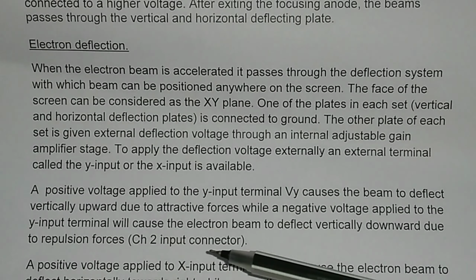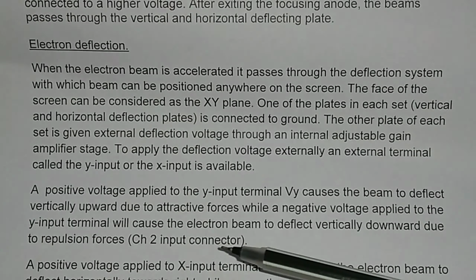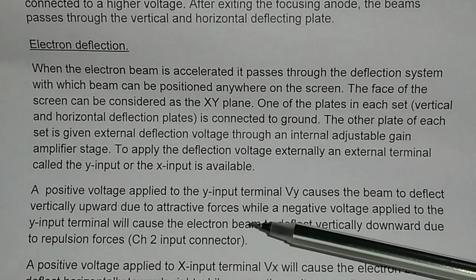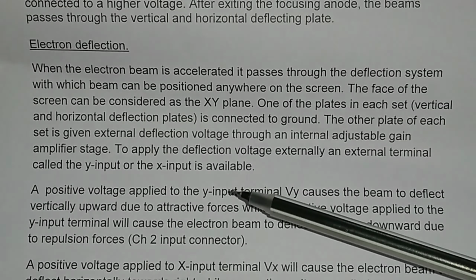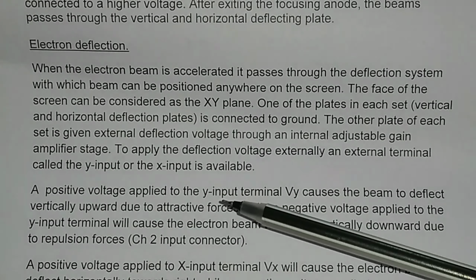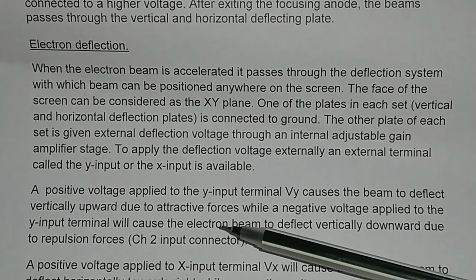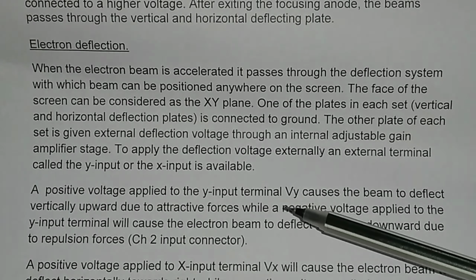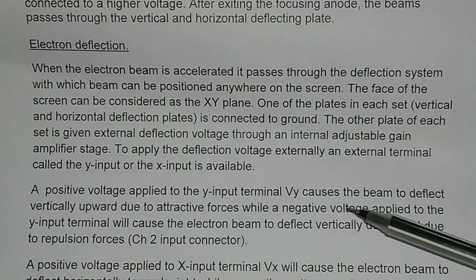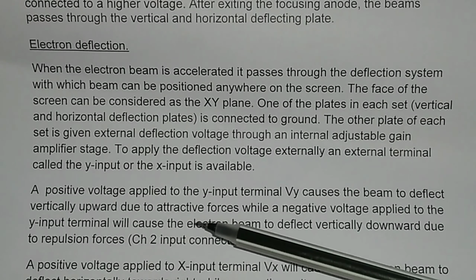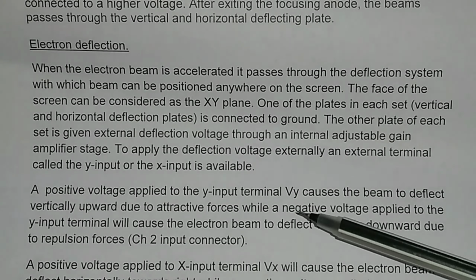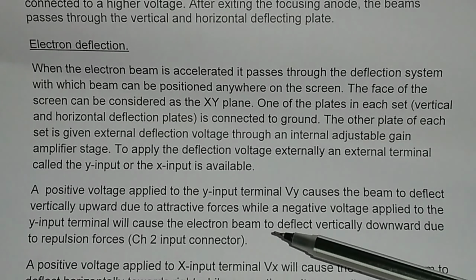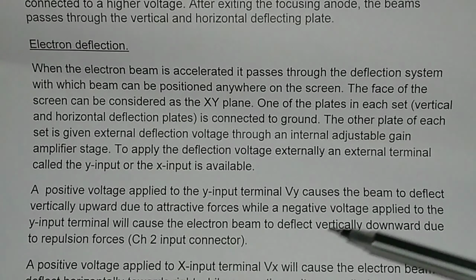In the channel 2 input connector of my CRO there are two connections for the Y input, one positive and one negative. A positive voltage deflects the beam upward, and the negative connection moves it downward.